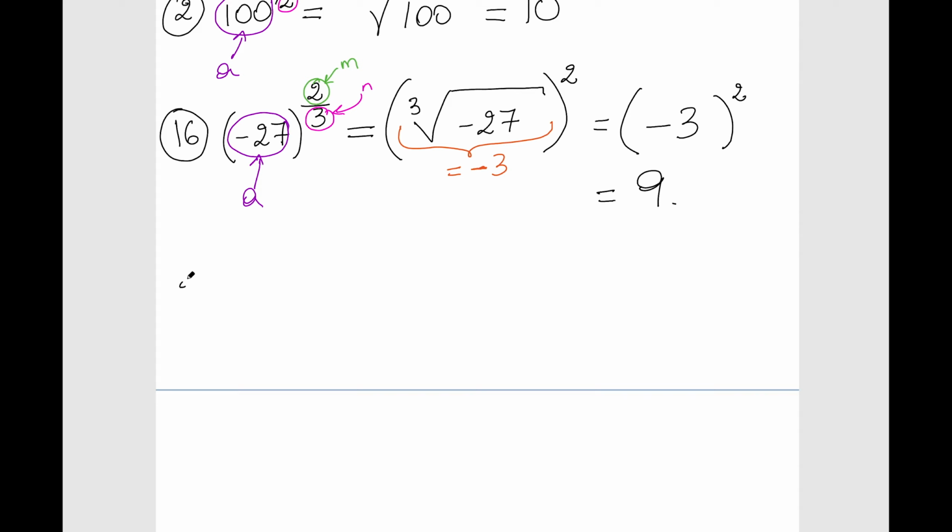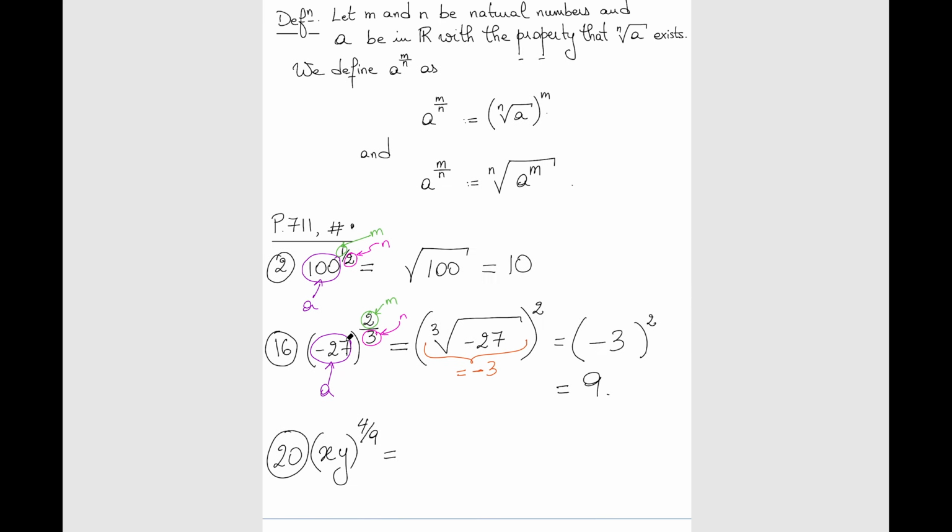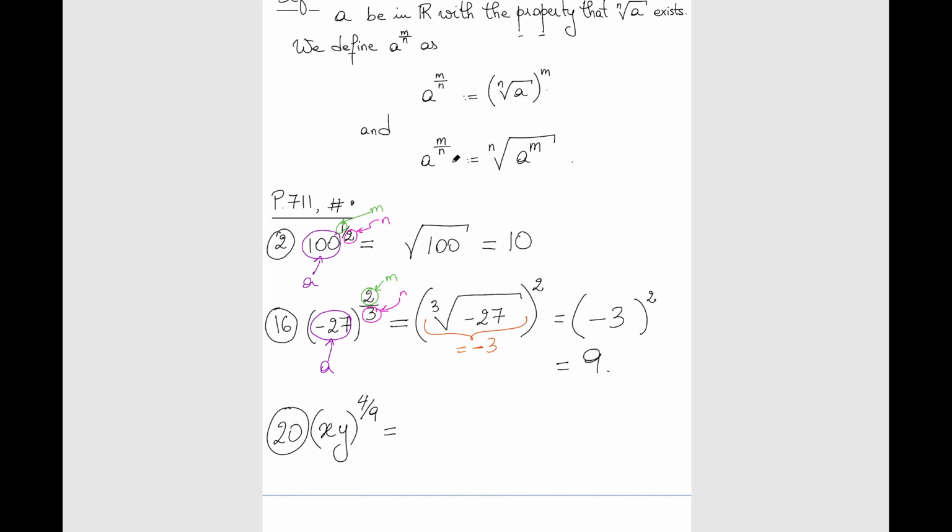About number 20. We have (xy) to power 4/9. Well, doesn't matter which one we use, they are the same. So let's say, how about we write both of them? This is the same as the ninth root of (xy) to power 4.